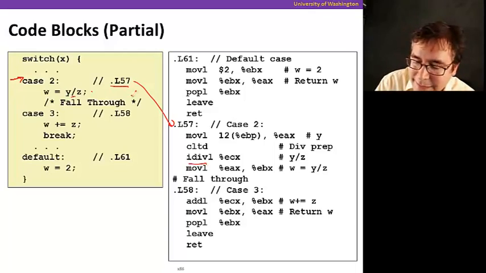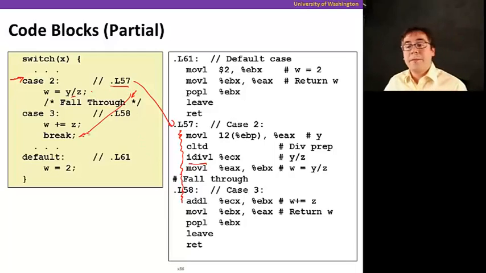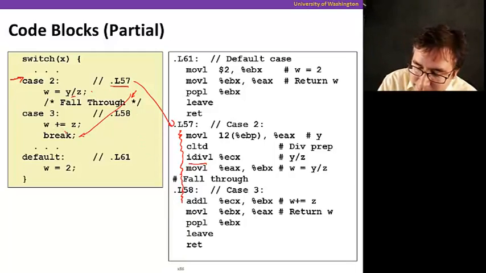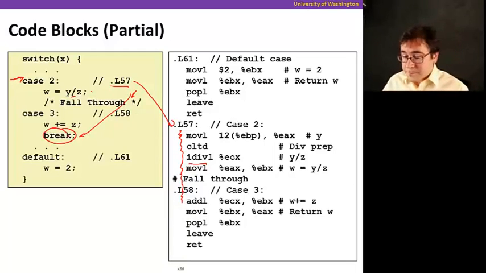And note that this is a fall-through case, so in case x is 2, it's going to be executing, and it's going to continue executing through the next case block here until the break statement. And the break statement here is implemented by essentially just finishing the execution, returning from the function in which the switch block is inserted.